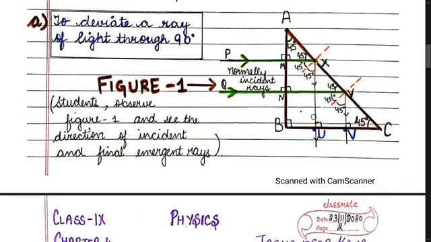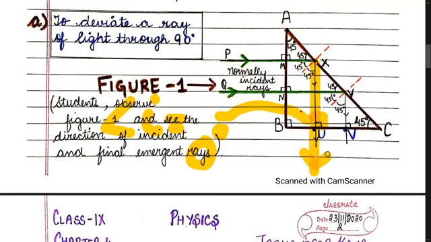So 90 degree means the light is normally incident at point U, and thus angle of incidence here will be 0 degree, which is less than 42 degree. So TIR will not occur at point U.